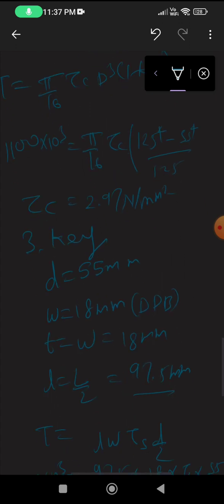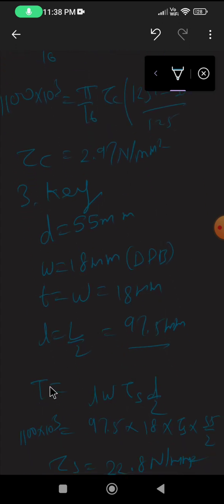Now we will check these parameters with respect to shearing stress and crushing stress. What is the formula for shear stress first? Torque T is equal to L W tau s into d by 2. So 1100 into 10 to the power 3 is equal to 97.5 into 18. L we have got as 97.5, W is 18, and tau we are going to find out, and small d is 55 divided by 2.